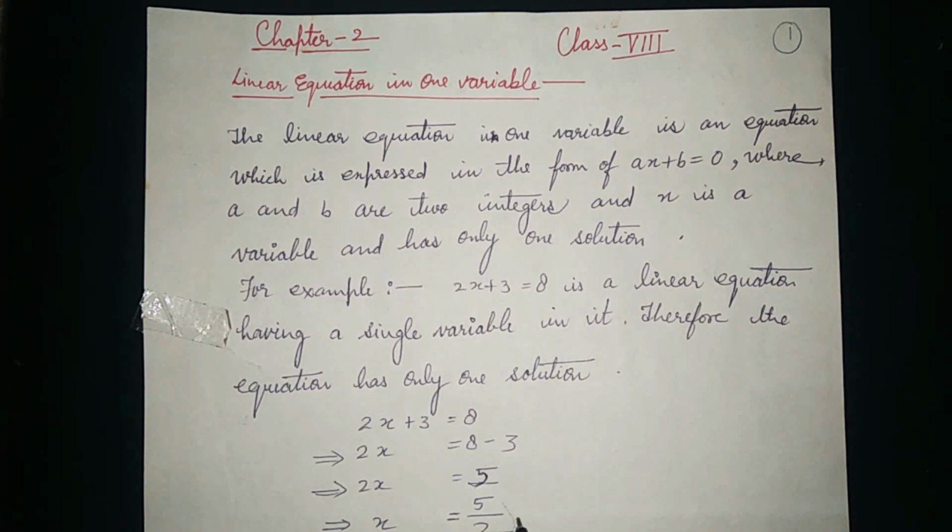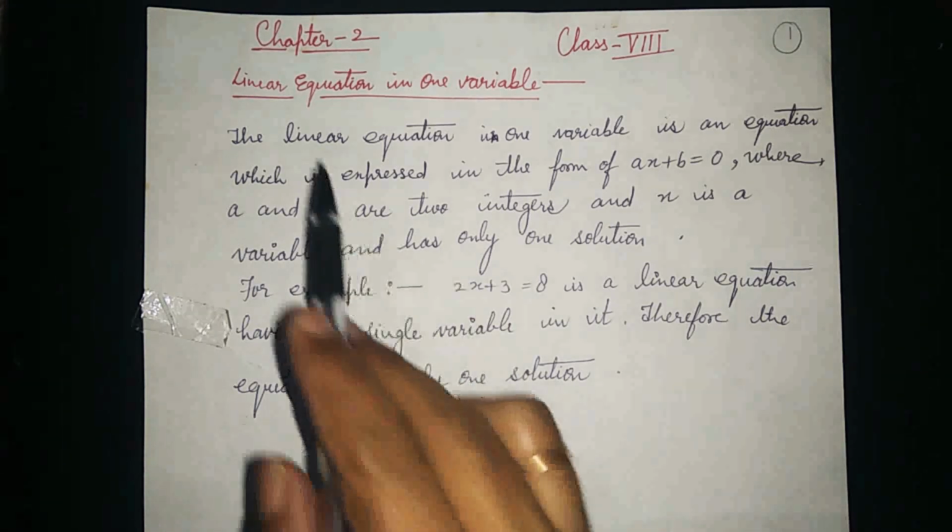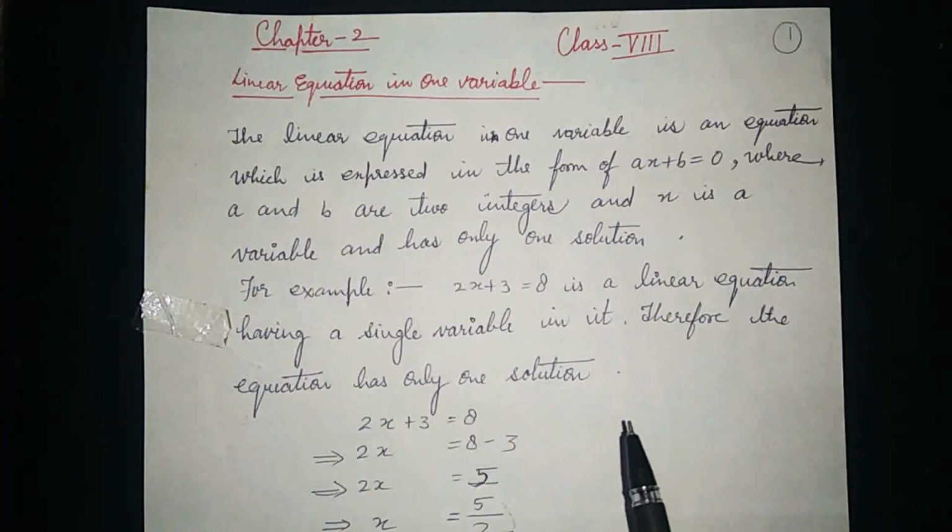If you want, you can change it into a mixed fraction or you can leave it like this also, because here you are solving the linear equation in one variable chapter. Suppose you are doing the fraction chapter, at that time you can write its answer in mixed fraction. Here also you can write it, if you want.